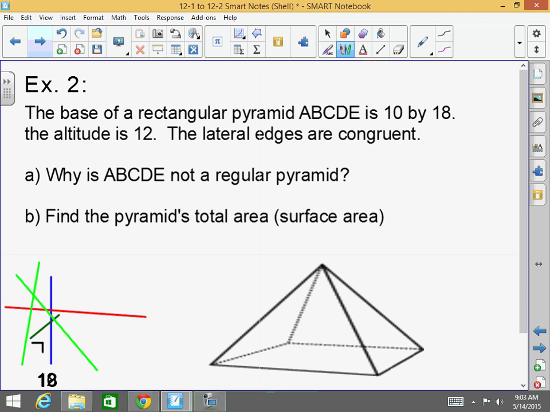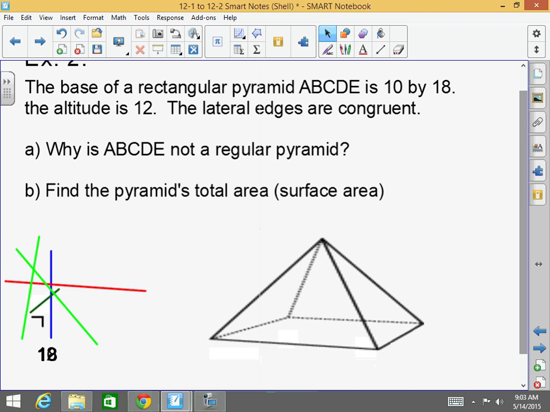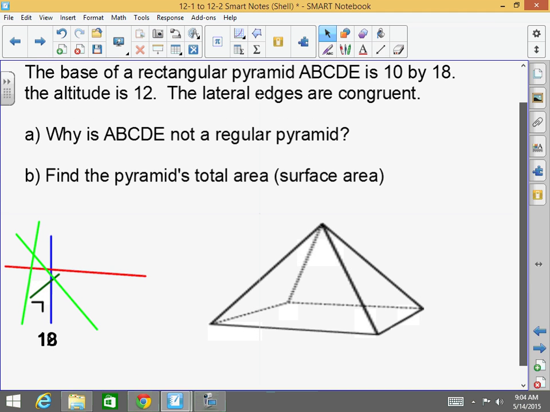The base of a rectangular pyramid ABCDE is 10 by 18. The altitude is 12. The lateral edges are congruent. Why is it not a regular pyramid?